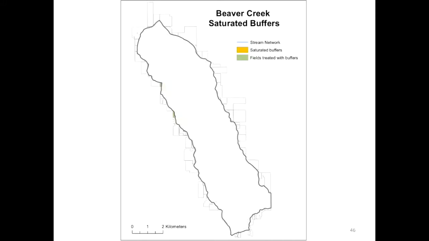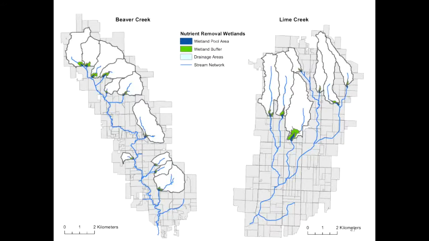So a few saturated buffers are included in some of these scenarios, and then nutrient reduction wetlands that can intercept. We picked the lowest wetland along each tributary stream, and you can see that we've got maybe about a quarter of the watershed that can be served by these in each of these watersheds.